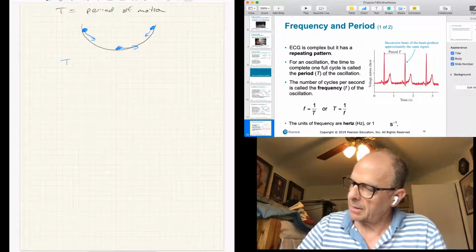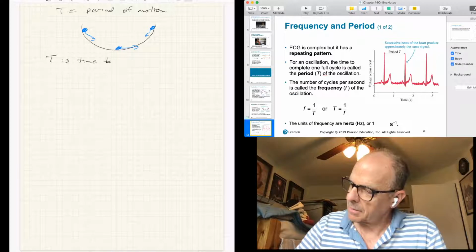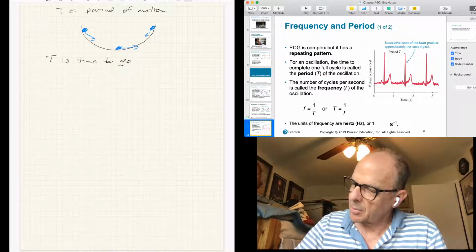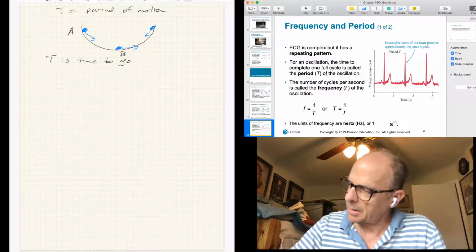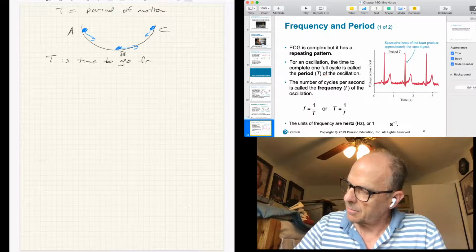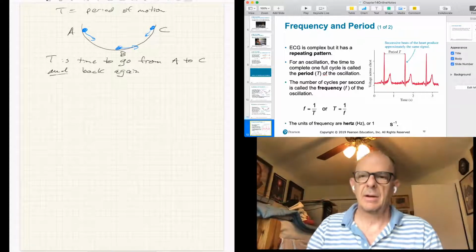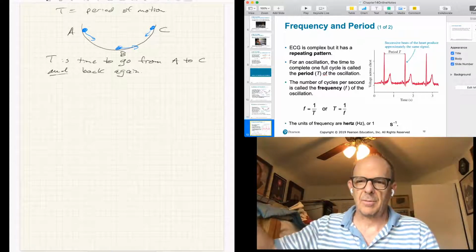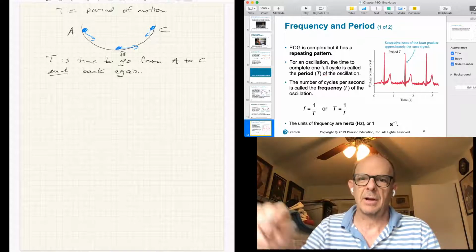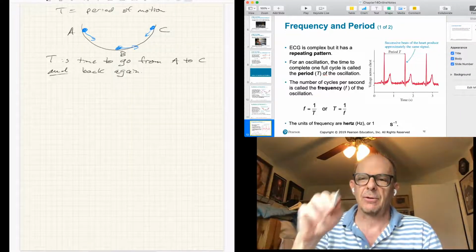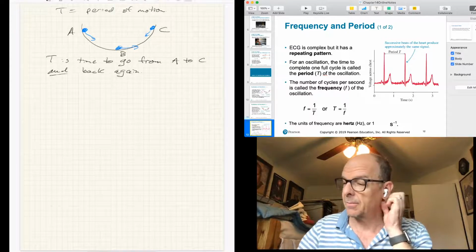So T is the time to go, let's label this as positions A, B, C, from A to C and back again. A frequent mistake that's made is to think that the period is just the time to go one half of the oscillation, but you need to go all the way back to your starting position so that the cycle can start over.